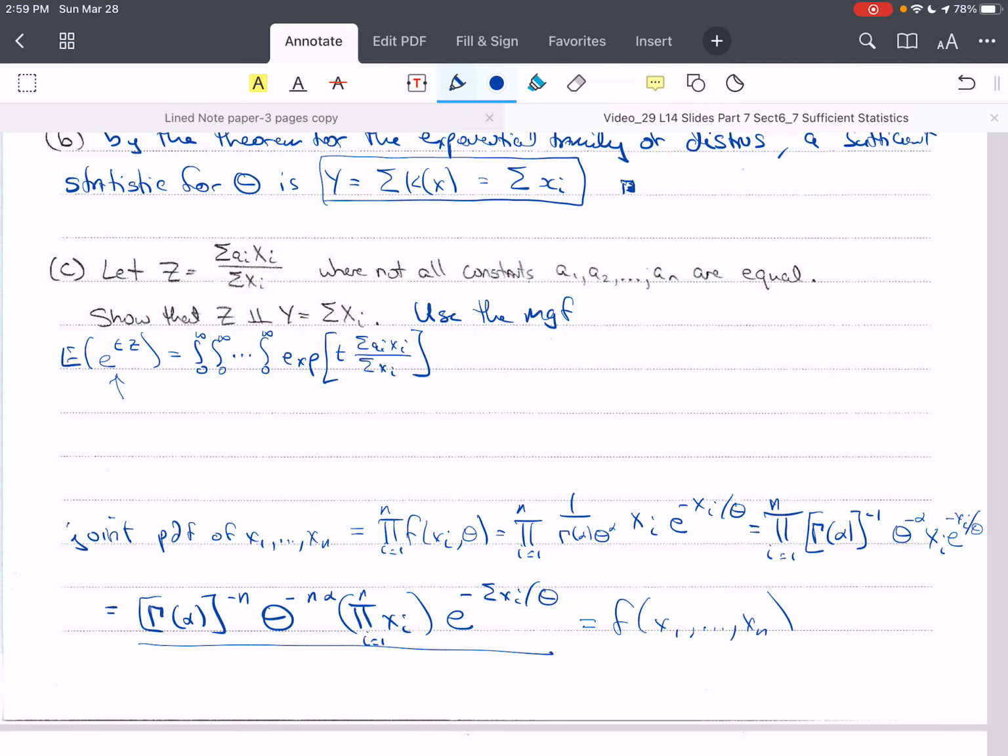And so we're going to write gamma of alpha to the negative n, and I'm going to use some brackets to make sure that's clear, theta to the negative n alpha, the product of x_i, and then e to the negative sum of x_i over theta, dx_1, dx_2, up to dx_n.